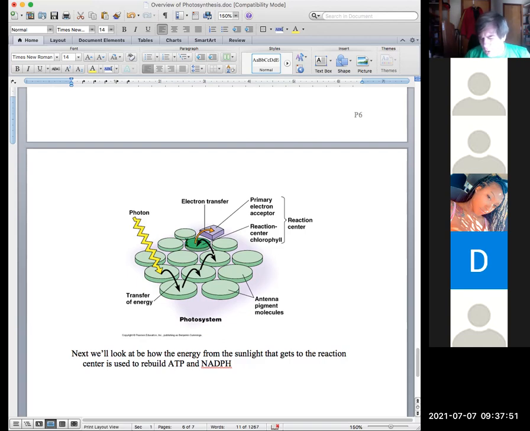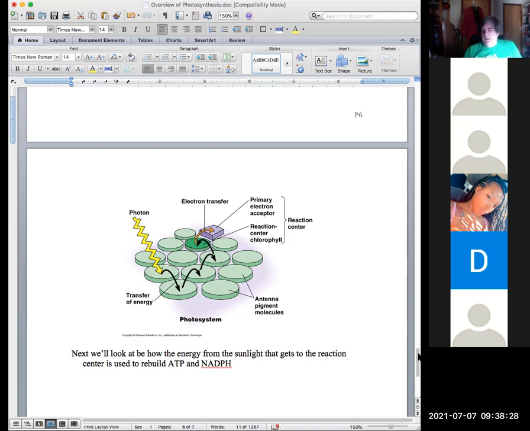But when this first chlorophyll A molecule in the reaction center gets this extra energy, it passes an electron to what's called the primary electron acceptor. And the primary electron acceptor is just the second molecule of chlorophyll A. So this purple square and this dark green circle are both chlorophyll A. Those are the two chlorophyll A molecules of the reaction center.